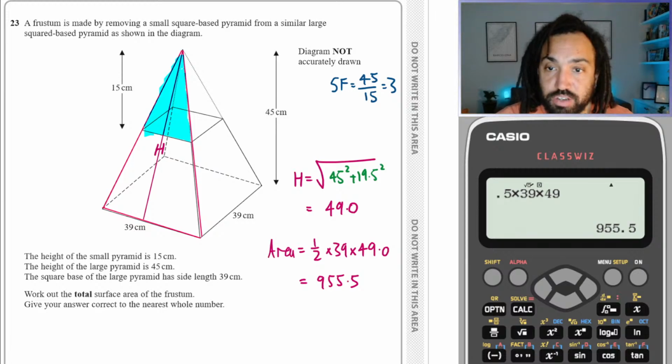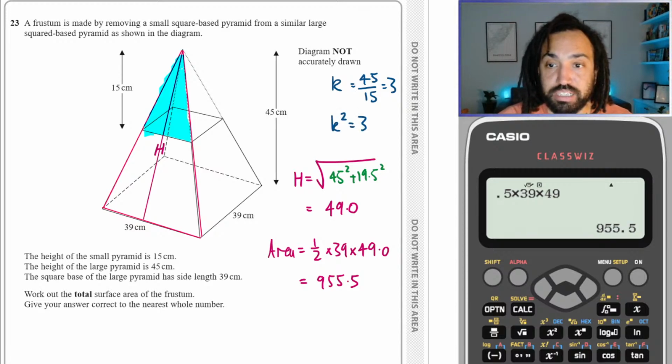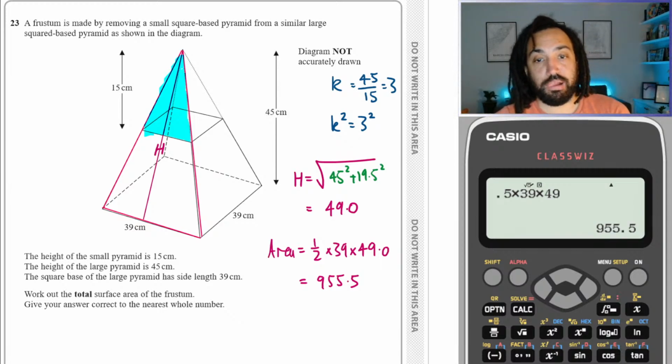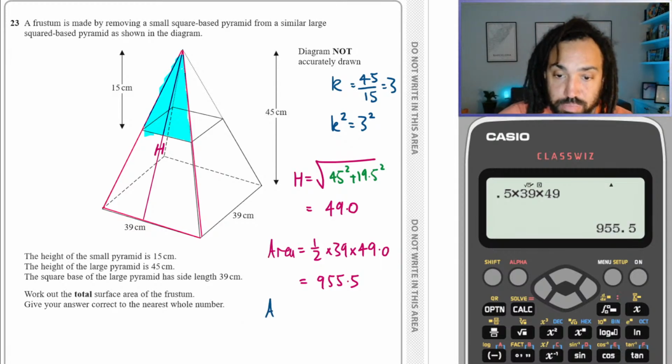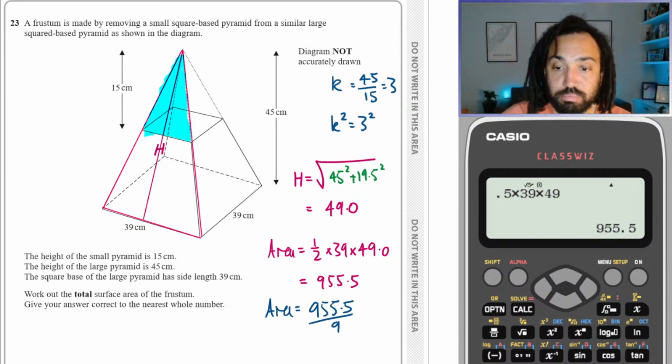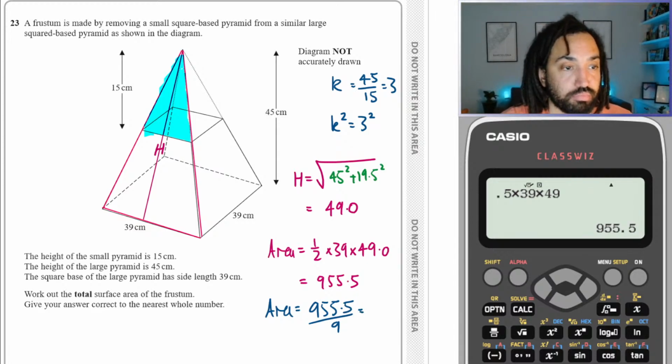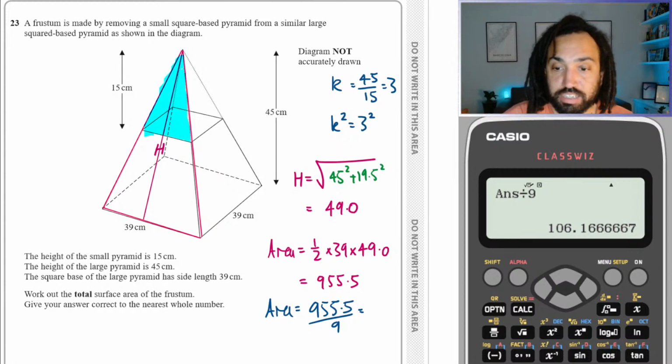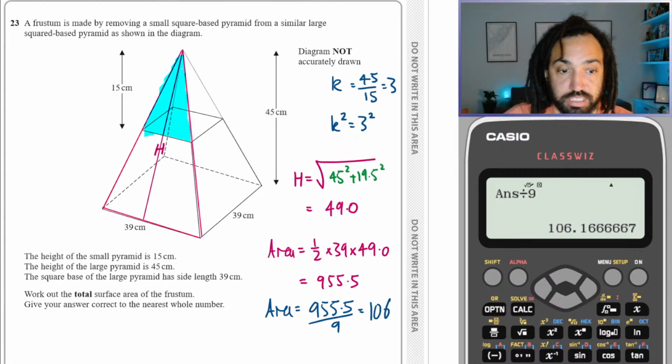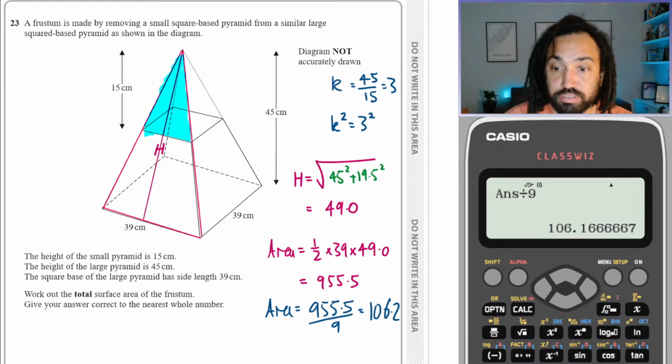Because if this is the scale factor for length over here, we call that k, so the scale factor for area will be k squared. So it'll be 9. So that means that the blue triangle is going to be 9 times smaller than the larger pink triangle. So I can just divide that by 9. And that gives me 106.2.